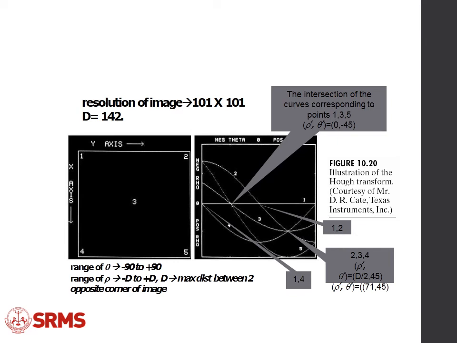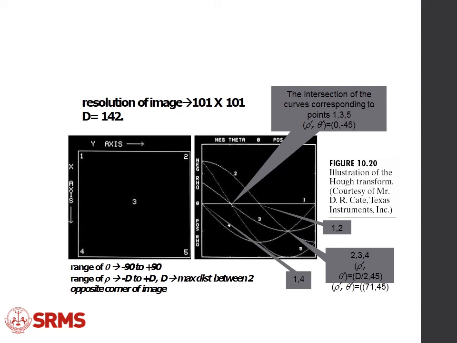This picture is taken from Dr. Kate, Texas Instruments, and the intersection point, which is rho' and theta', is represented by D divided by 2 comma 45. The intersection of the curves corresponding to points 1, 3, 5 can be defined there.